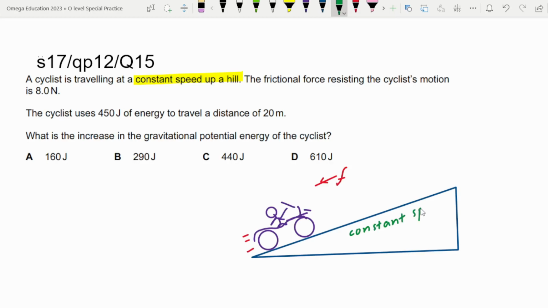And he has to cover a distance of 20 meters from the starting point to the end point. We need to find the increase in gravitational potential energy of the cyclist.